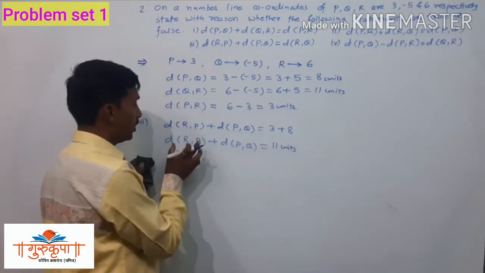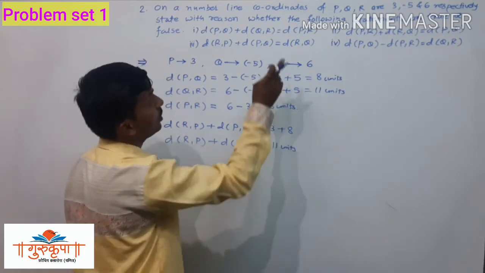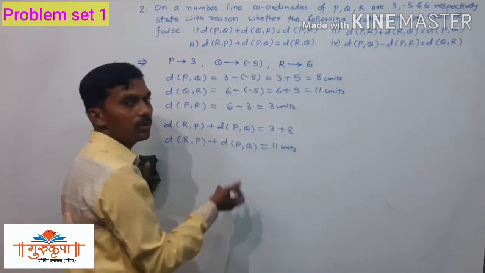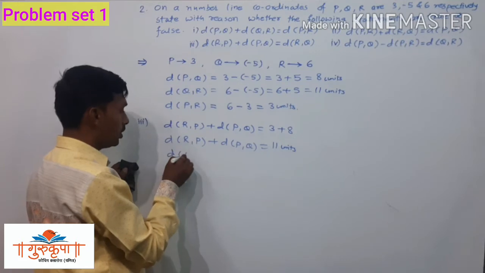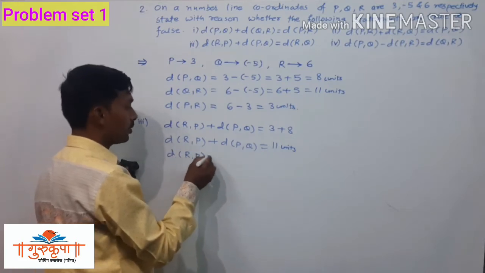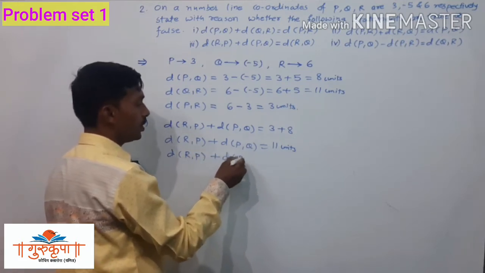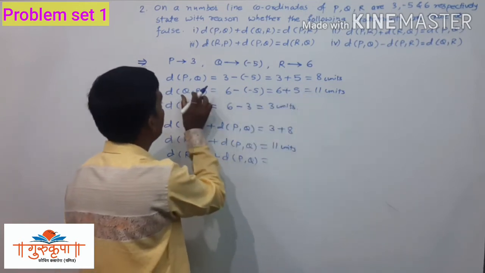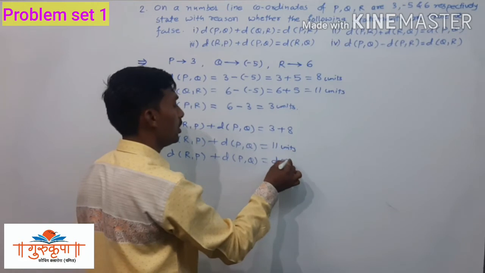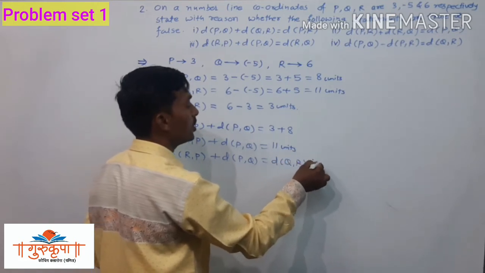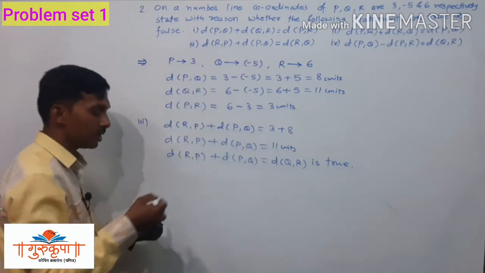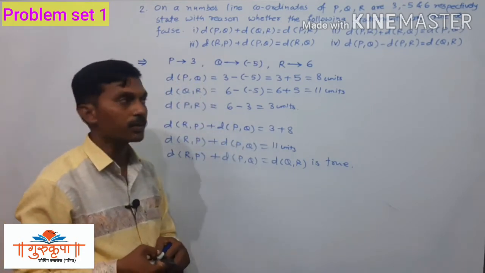Now check whether RP plus PQ is equal to RQ or not, and see RQ is 11. We get 11 only there. So distance RP plus distance PQ is equal to distance QR, since it is a true statement. The third one is the correct statement, that is the true statement.